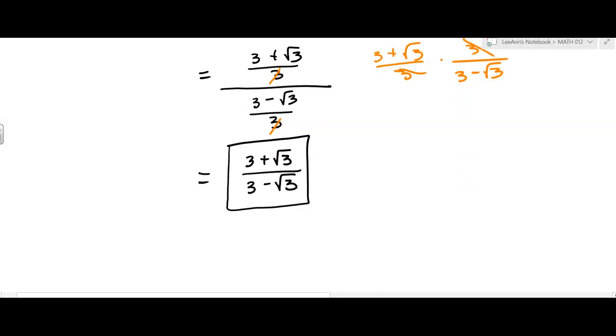If you remember, we had tangent pi over 6 plus tangent pi over 4 and 1 minus tangent pi over 6 tangent pi over 4. Okay, that's what we started with.